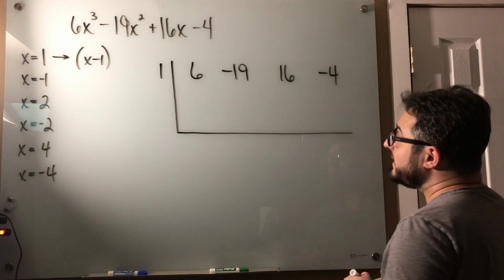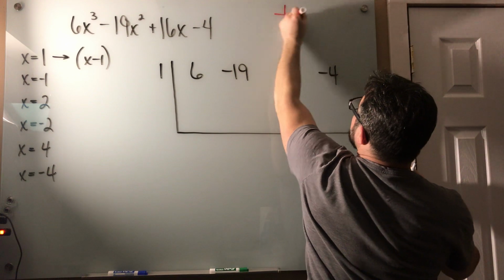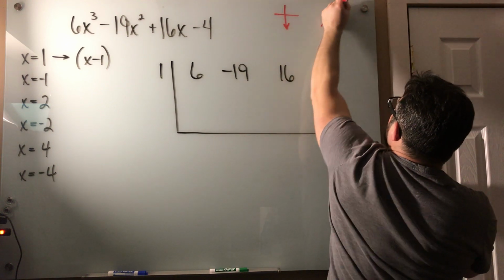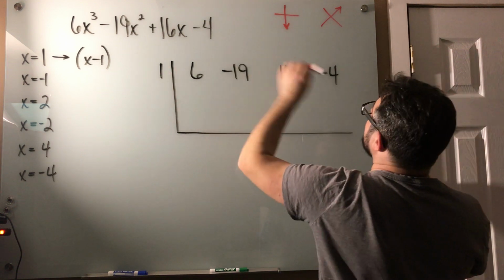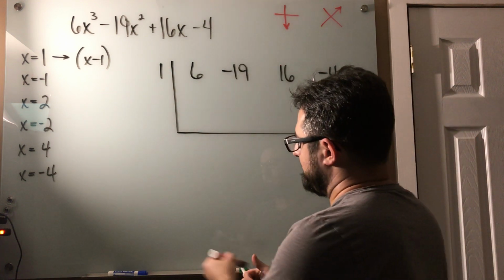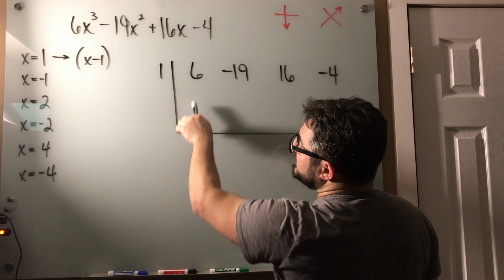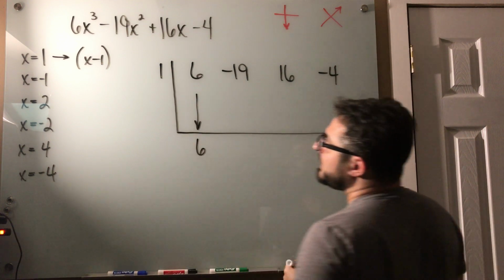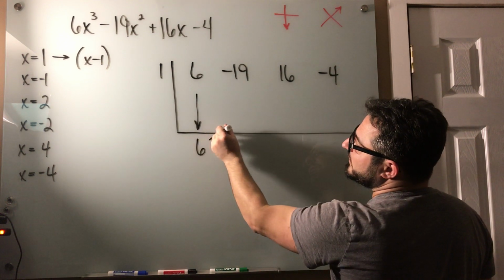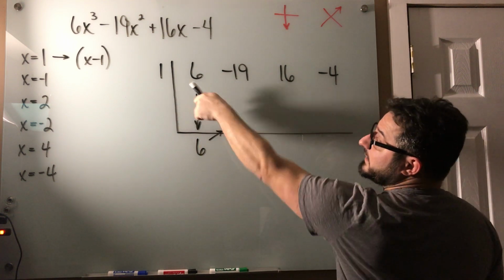And the rule is that anytime we are going vertically, we're going to add, and anytime we go diagonally, we're going to multiply by this number. So, as always happens with synthetic division, the first number goes straight down. There's nothing beneath it to add. And then from there, we go diagonal. And whenever we go diagonal, we multiply by, in this case, 1.